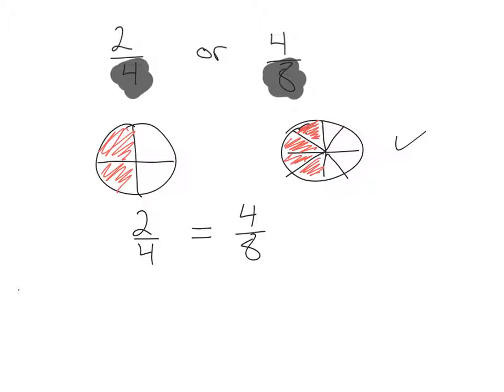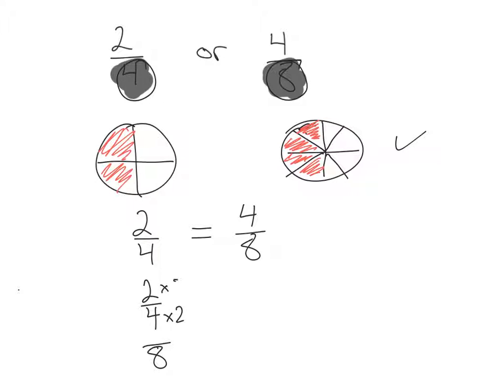A second way you could do this is to get these to be equivalent fractions with the same denominator, cutting them up into the same size pieces. So you could ask yourself, 2/4 and 4/8, how could we multiply the 4 to get the same denominator as the other one? That would be 8. If you take your 2/4 and multiply the denominator by 2, that gives us 8.